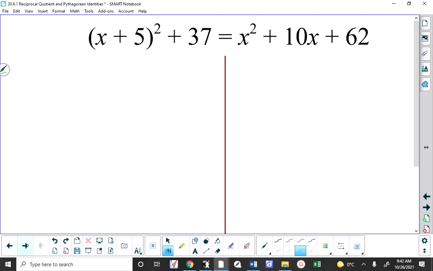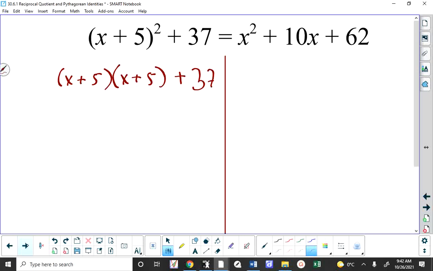If I were to take the left-hand side of this and simplify it, and this is the basis for everything we're going to be working on for a while, changing the appearance of something so that it's the same thing, but it looks different. We know that x plus 5 quantity squared means x plus 5 times x plus 5. I don't have an equals in here. I'm just working on the left-hand side of this, and I'm going to simplify it.